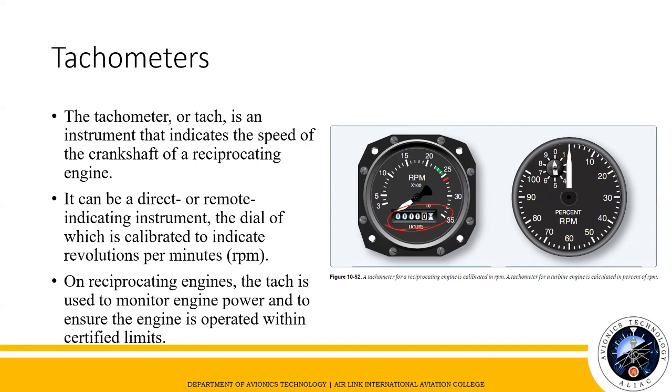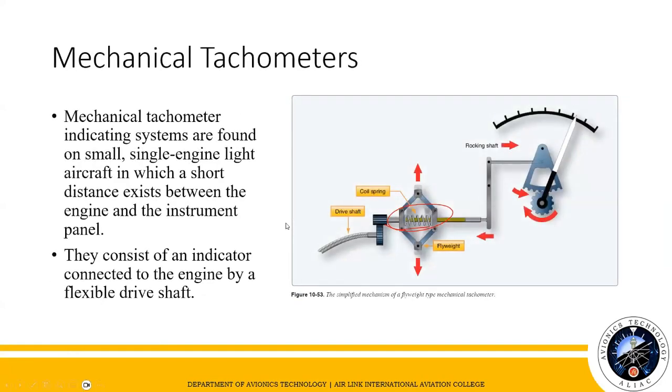So, sa mechanical tachometers, yung mechanical tachometer indicating systems are found sa mga small engine light aircraft in which a short distance exists between the engine and the instrument panel. Okay? So, kung mapapansin nyo, sinabi natin, short distance from the engine to the instrument panel.